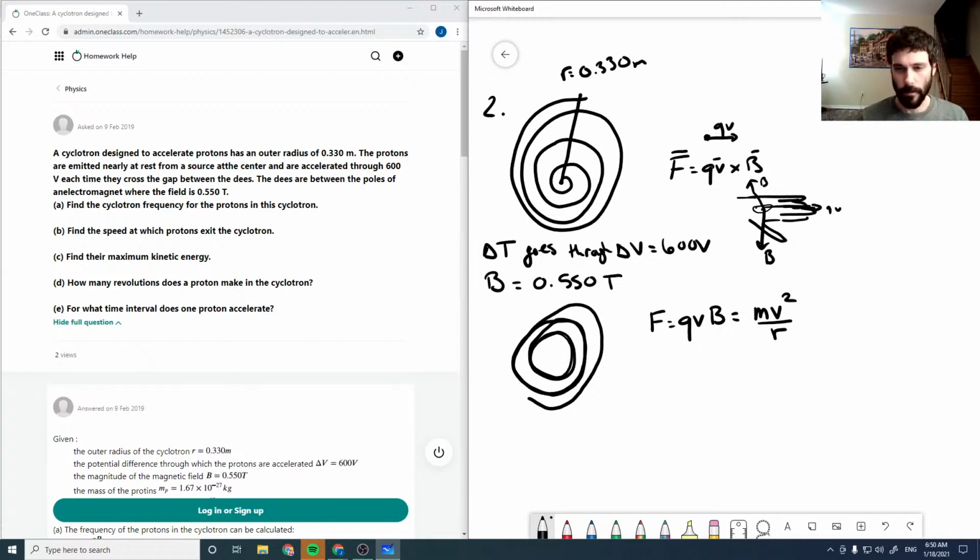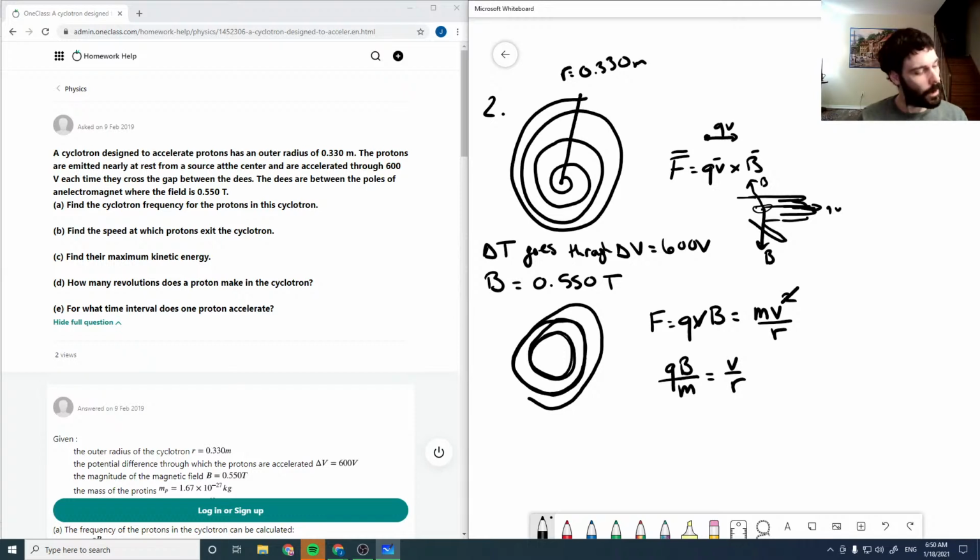Which we can then use to solve for our velocity for a proton by rearranging for the velocity. So first we can cancel this velocity and cancel the square, and then we can rearrange to say that QB over m is equal to v over r.